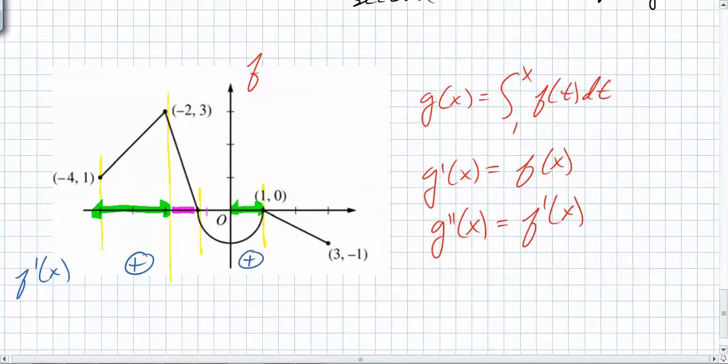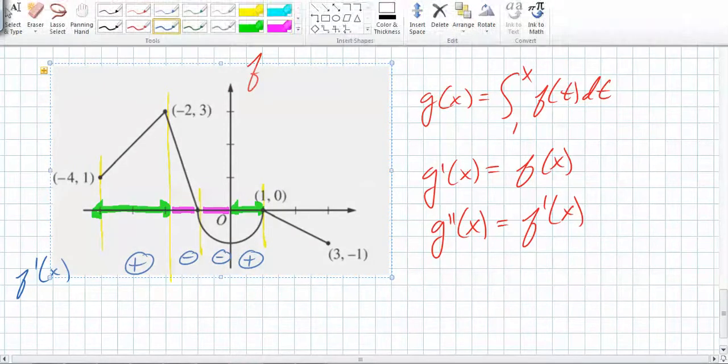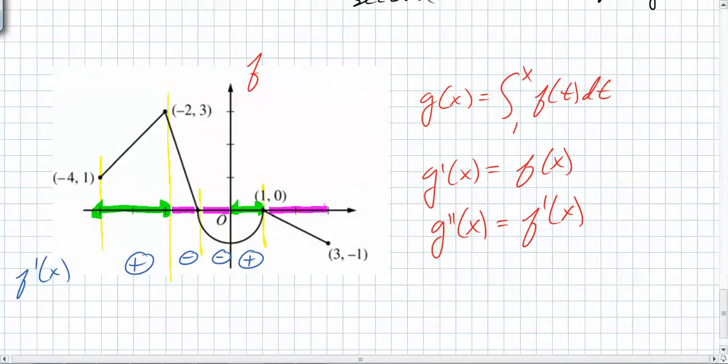What about those two segments? It looks like it's going to be negative and negative. And from here to here, it's negative. And we know that f prime of x is g double prime of x.